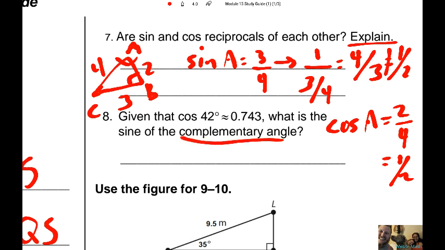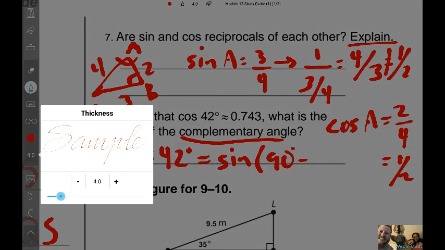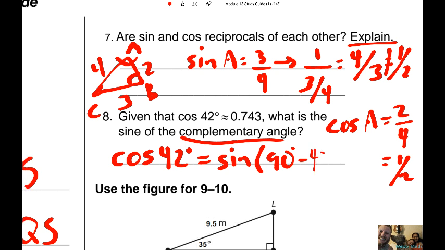So what you take is cosine of 42 degrees, which really just equals the sine of 90 degrees minus 42 degrees, and you're going to get sine of, try it, 90 minus 42, and you should get 48 degrees.